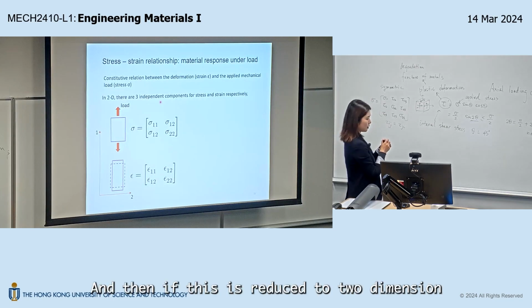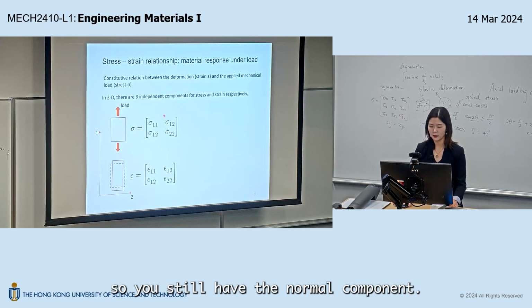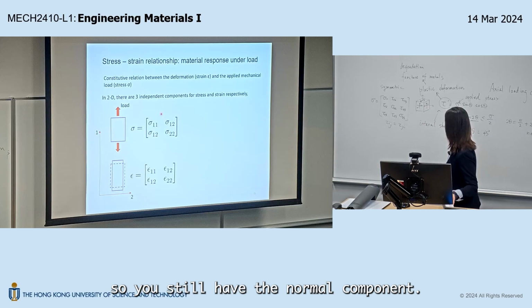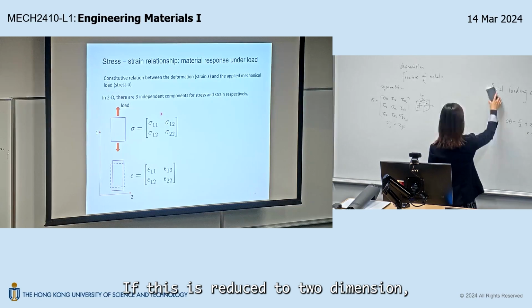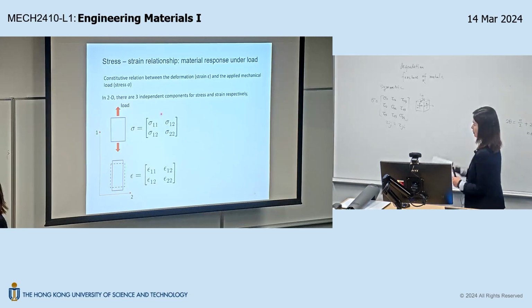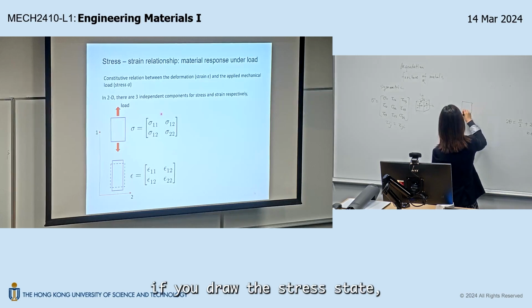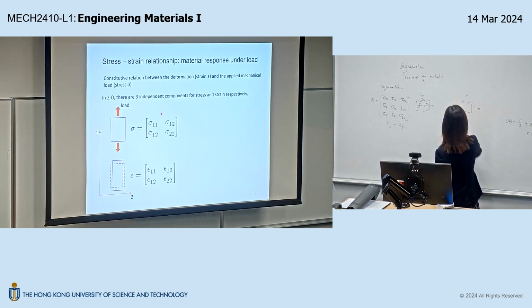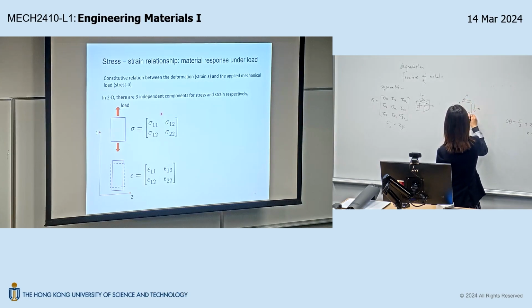And then if this is reduced to 2 dimensions, as I drew in the slides, if you draw the stress state, you'll have normal components, and you'll have shear components, something like this.